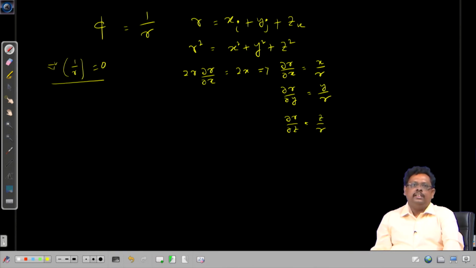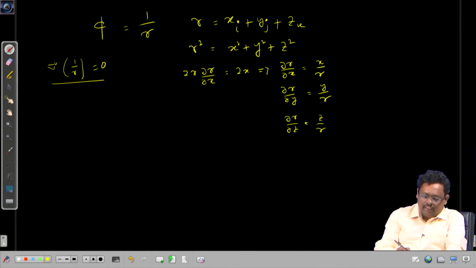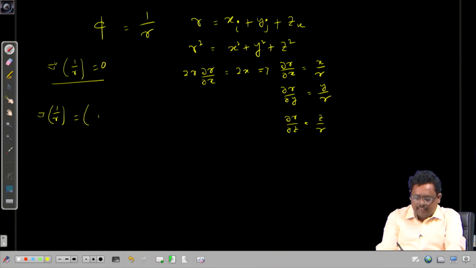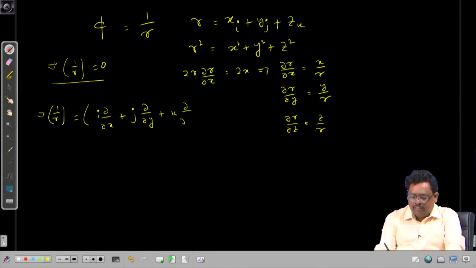We need to remember these results, and then let us find the grad of 1 upon r. The definition of grad is i into del x plus j into del y plus k into del z, now acting on 1 upon r.